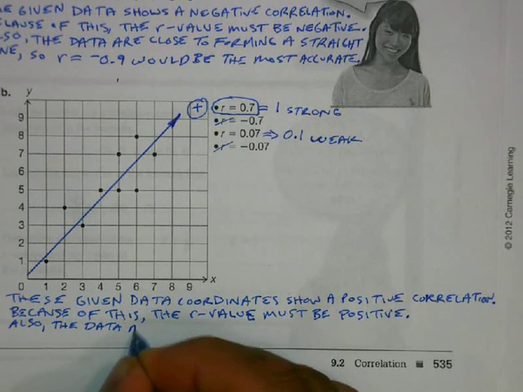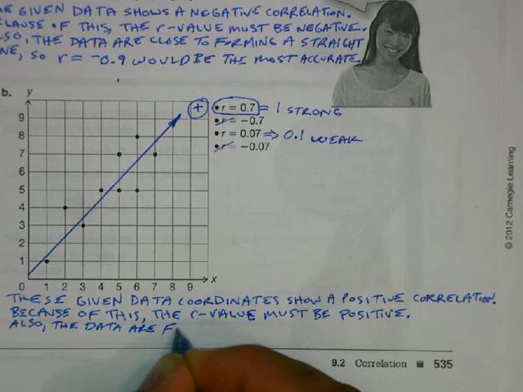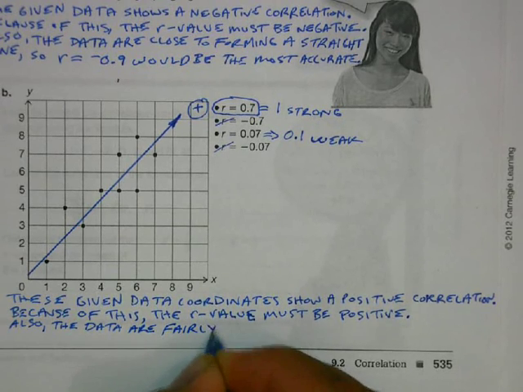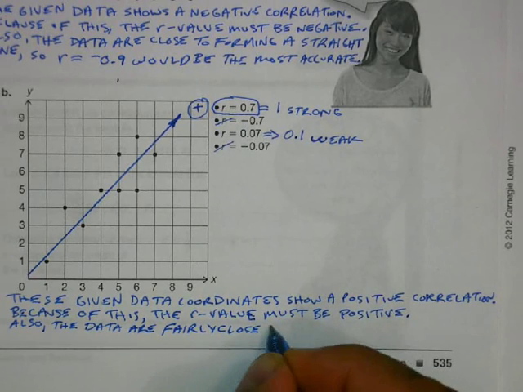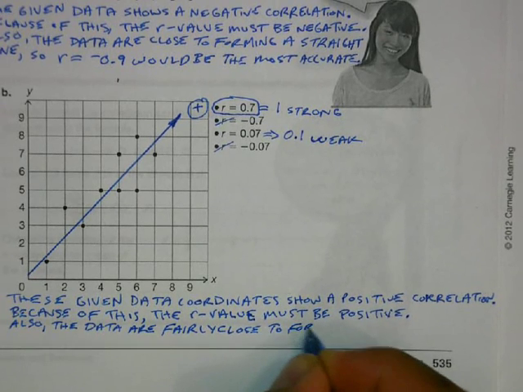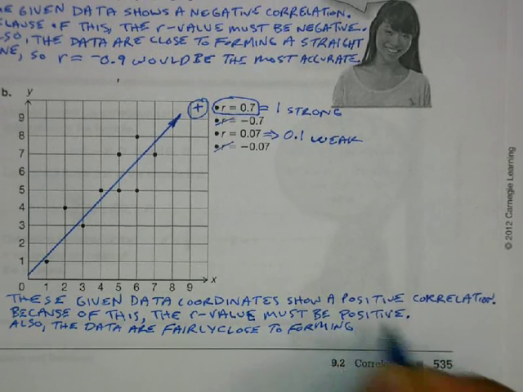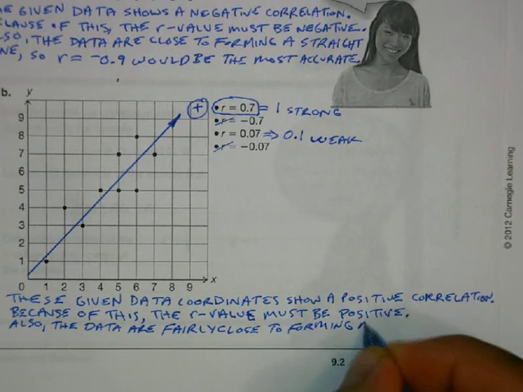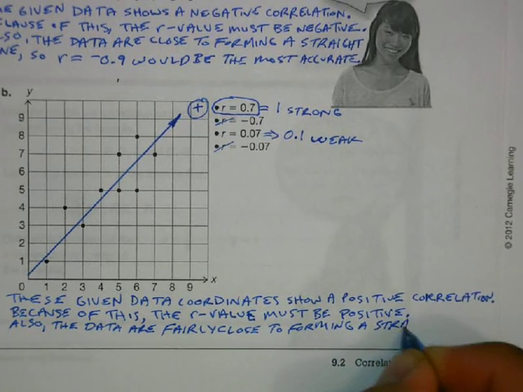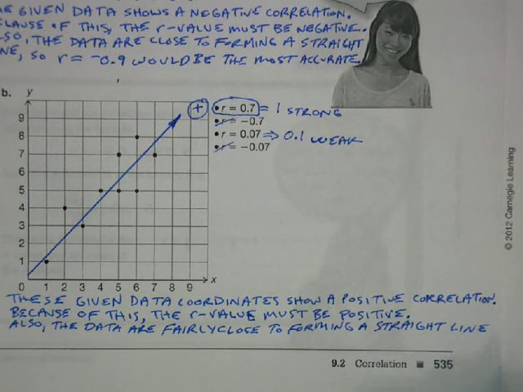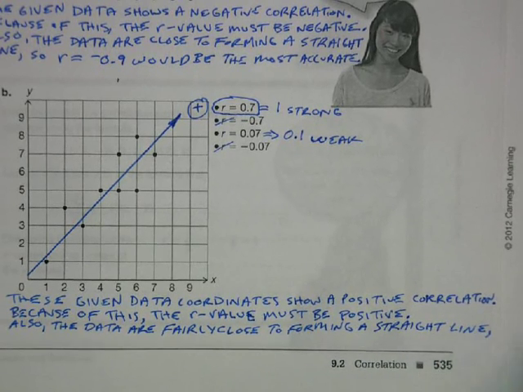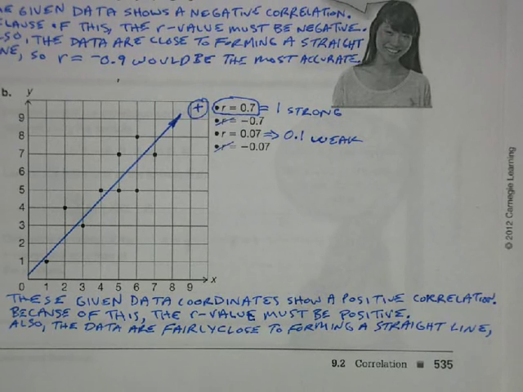So R equals 0.7 would be the most accurate. Okay, so that takes care of that, and that's the rationale for it. Really important there.